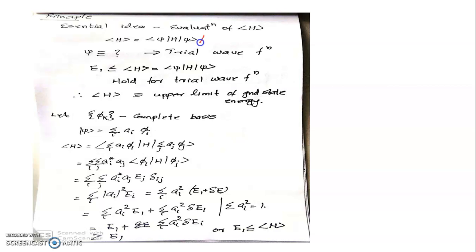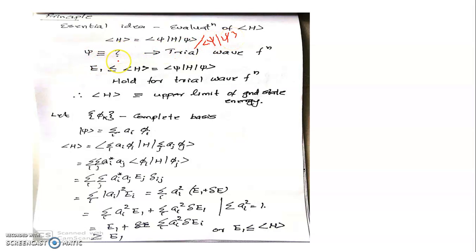If it is not normalized, of course, you will have to normalize it. For that, you will have to divide this equation by the square of the norm of the vector, the scalar product ⟨ψ|ψ⟩. I have written this equation under the assumption that ψ is a normalized wave function. If ψ is not normalized, we will have to incorporate it here.